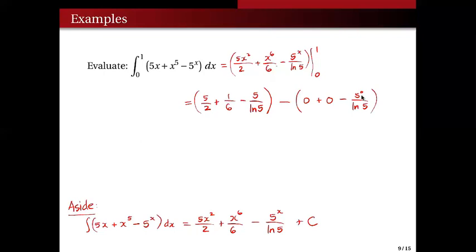So 5 to the 0 here, it's 1. So let me replace this by 1. And I'll just put a note here: 5 to the 0 is equal to 1.